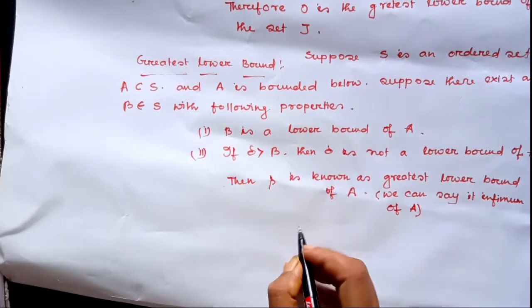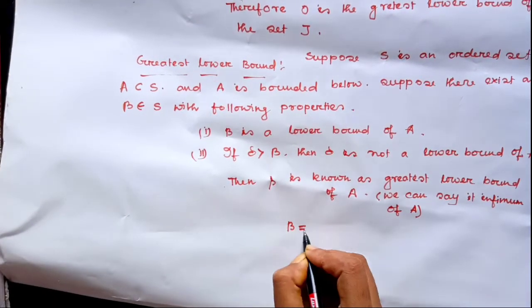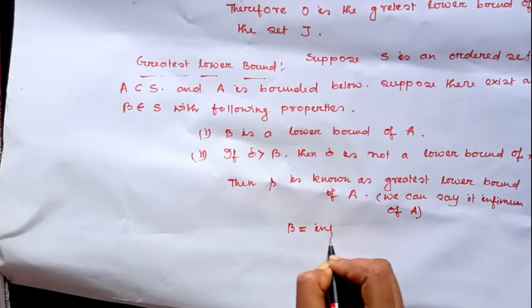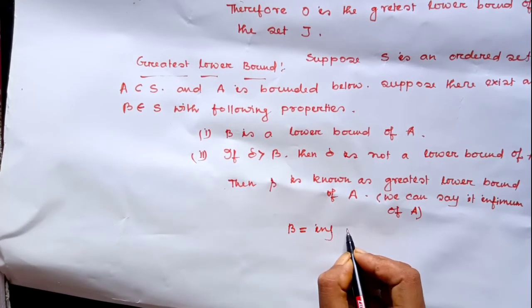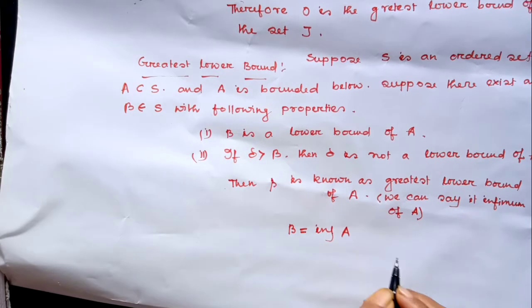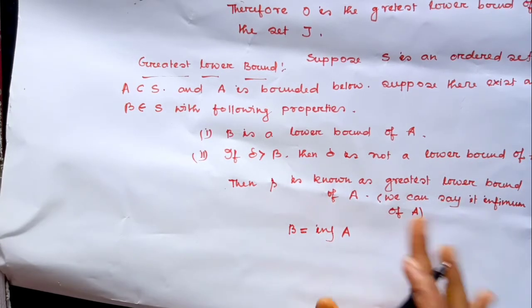And we denote it as beta equal to infimum of A, right? Okay.